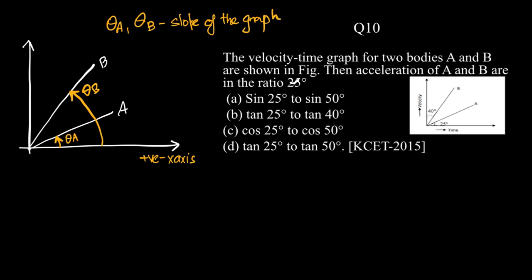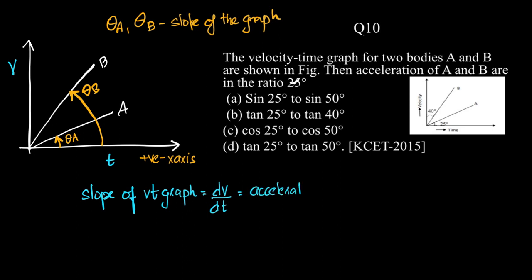In which case the y-axis is v, the x-axis is t. So what does the slope of the vt graph represent? Slope of the vt graph will represent change in velocity by change in time, which is basically acceleration.